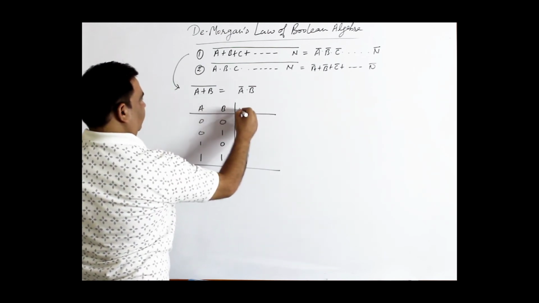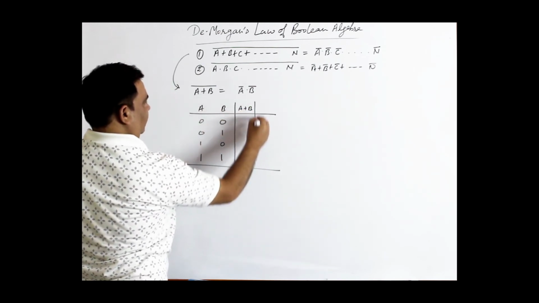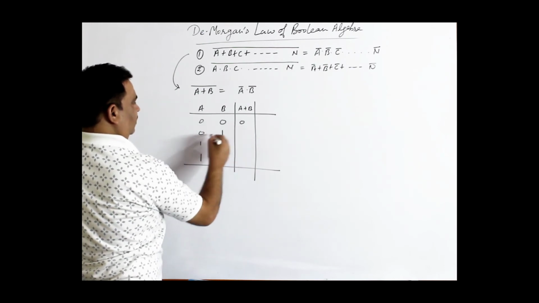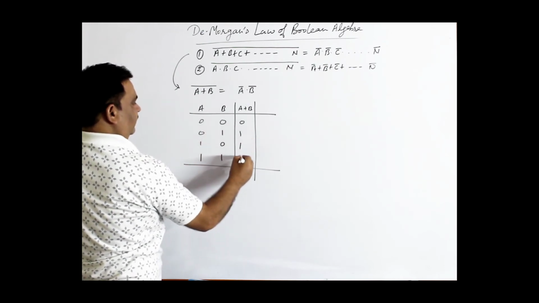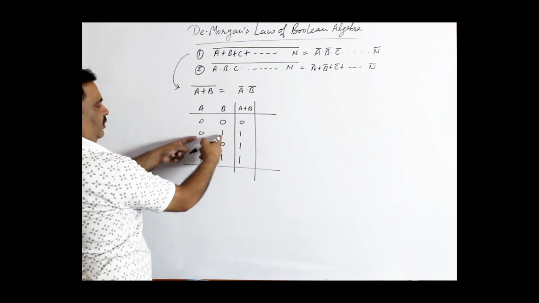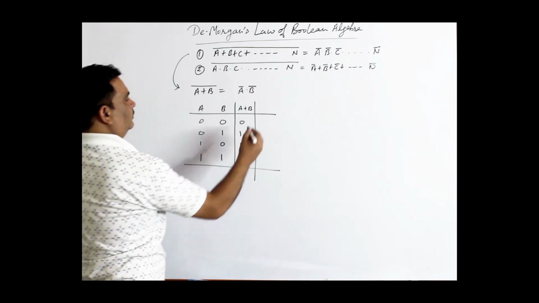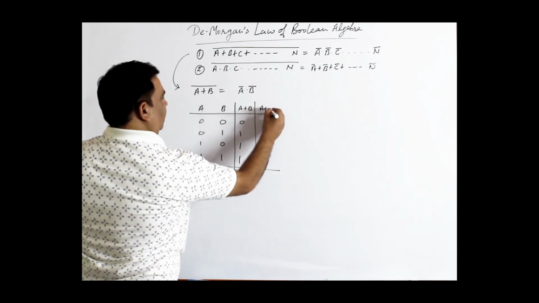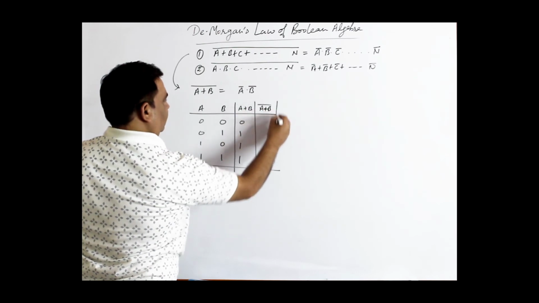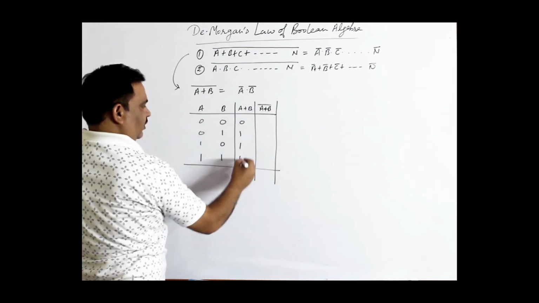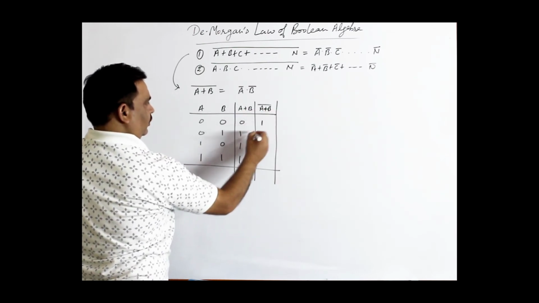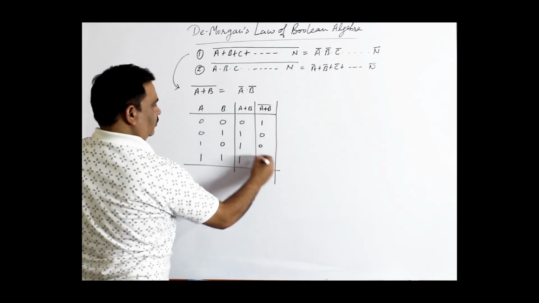Here, first is A plus B. A plus B is 0 1 1 1, because at least one input is 1. Now the complement of A plus B: 0 changes to 1, 1 changes to 0.